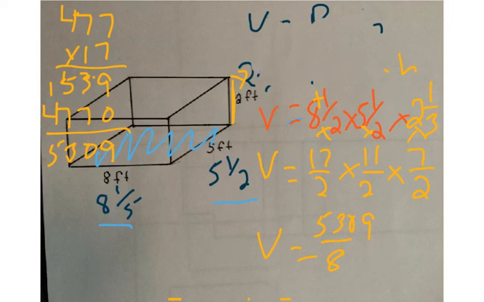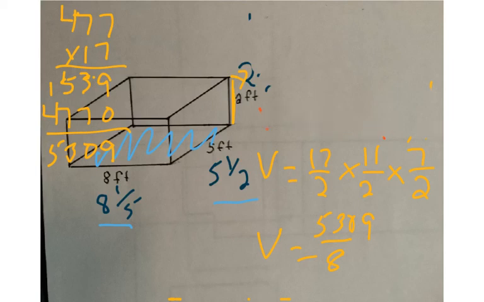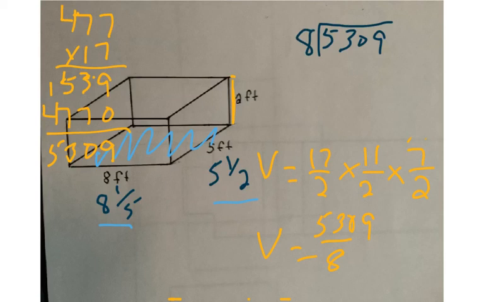Now, this is an improper fraction, or top heavy, and we need to divide 5309 by 8. You should be doing this. It goes in there 6 times. That's 48.